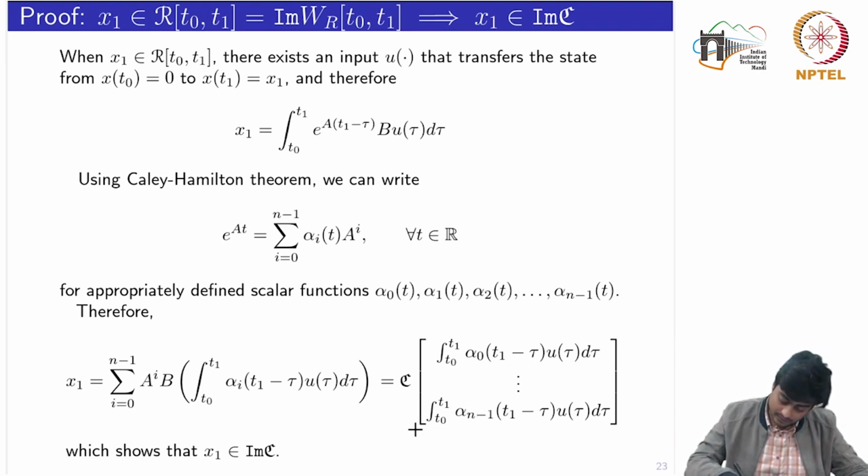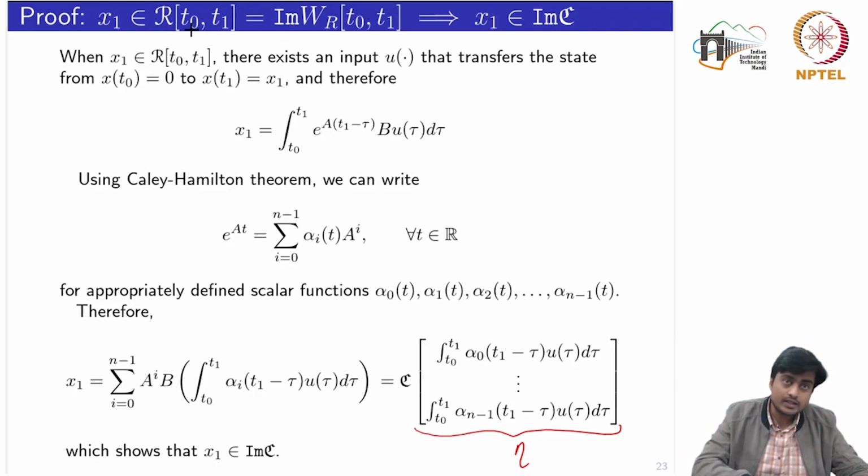If I represent this vector as some vector eta, then x1 is equal to the matrix into eta, which means that x1 belongs to the image of the controllability matrix. So starting from x1 belonging to the reachable subspace, we have shown that x1 also belongs to the image of the controllability matrix.